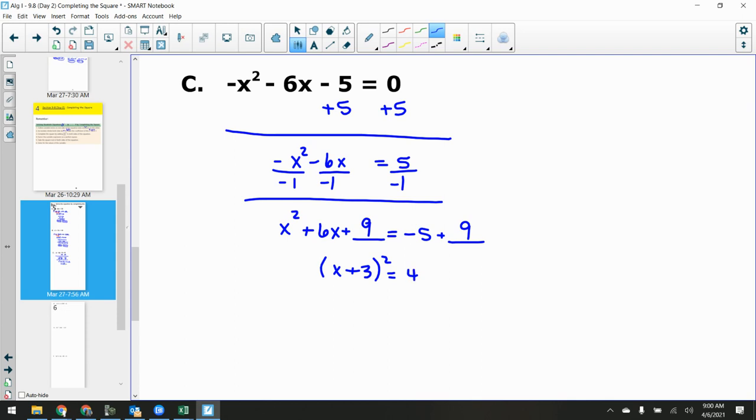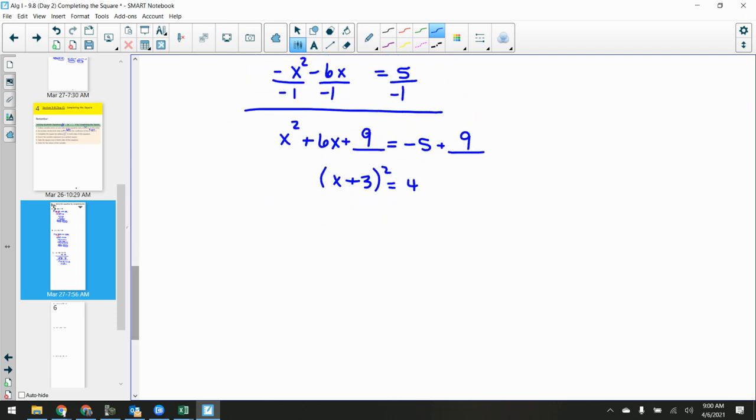See, now from this point on, it's like the same problems we were doing last night. I square root it, I get x plus 3 is equal to plus or minus 2. And then when I subtract the 3, negative 3 plus or minus 2, which is negative 3 plus 2 is negative 1. Negative 3 minus 2 is negative 5.